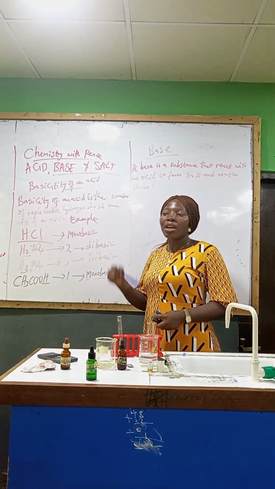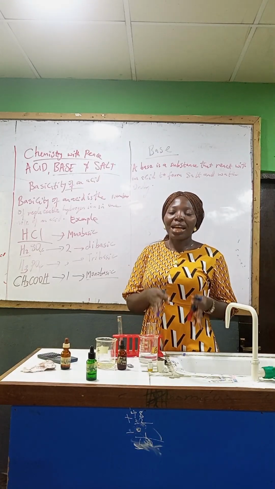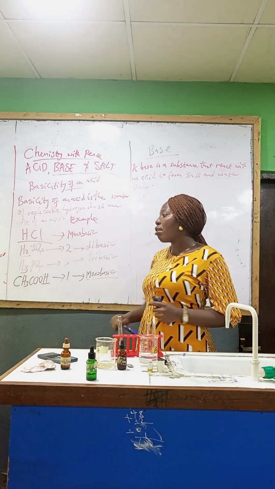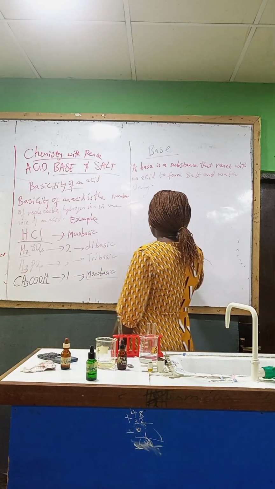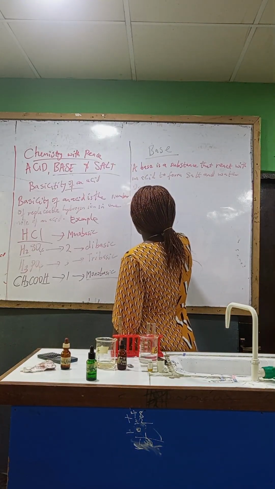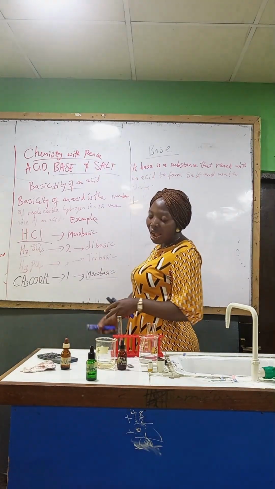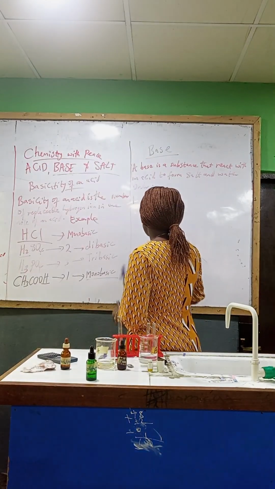And these bases are known to be the oxides and hydroxides of strong metals. So bases are what? Oxides and hydroxides of metals.